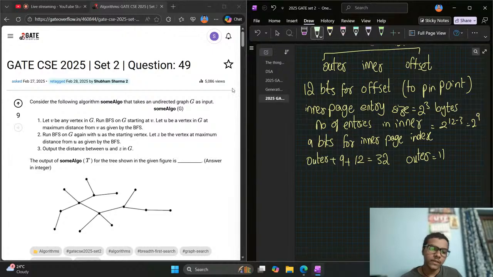This is the graph I see. Let's do this. What is the farthest from this vertex?